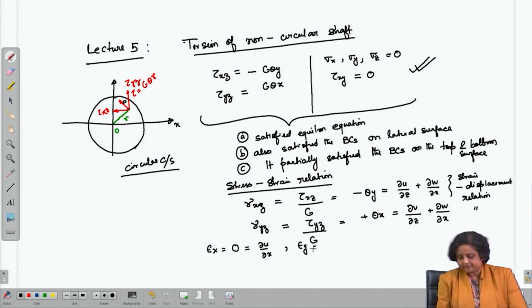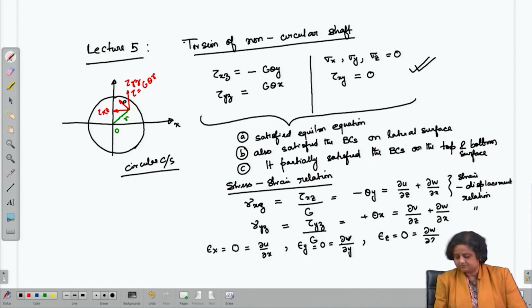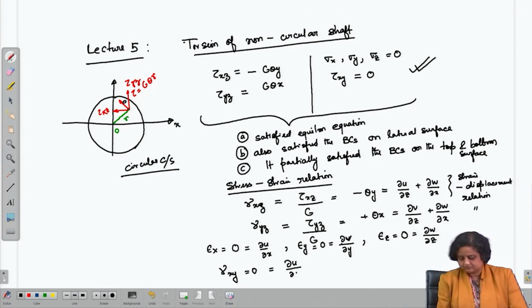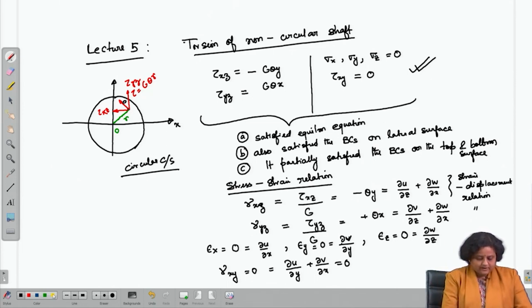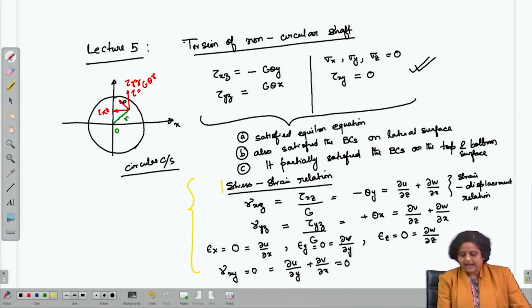Similarly, we get the other normal strain relations. So this is a set of equations that we get by using the stress strain relation and the strain displacement relation.